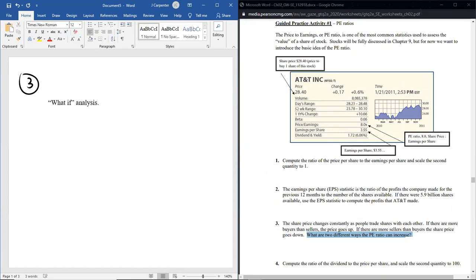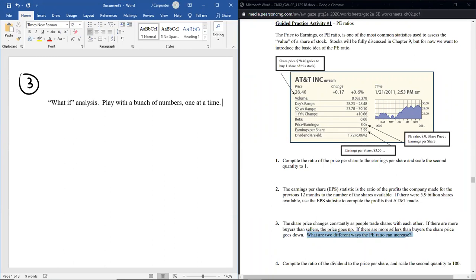If you're this height and this weight, what's your BMI? It's the same idea as when we had that car loan where you're looking at 5, 6, 7, 8, 9, 10% loans and taking that loan for 1, 2, 3, 4, 5, or 10 years or whatever that range was. If you do this, what happens? If you do that, what happens? So we're just going to play with a bunch of numbers.